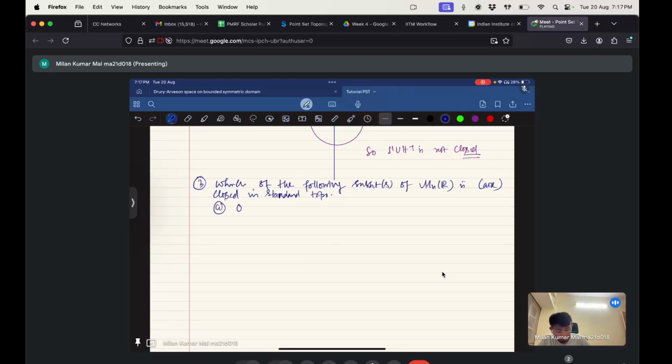Option A, all orthogonal matrices, which equals all A belonging to M_n(R) such that A transpose A is equal to identity.